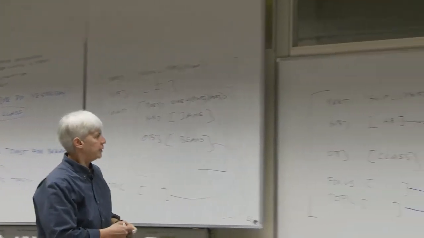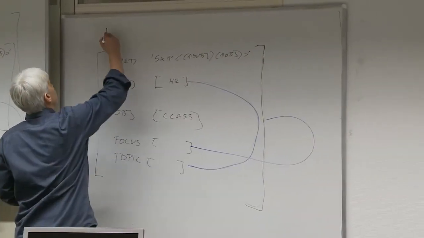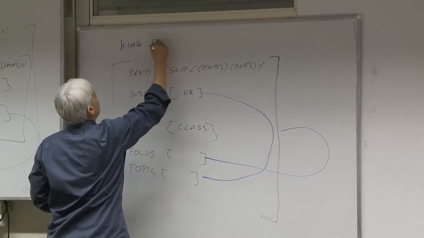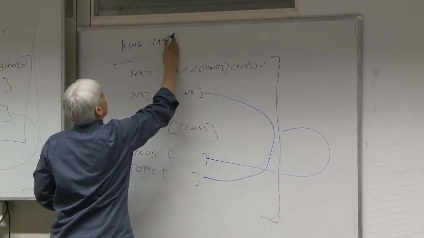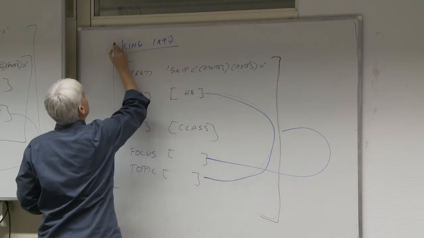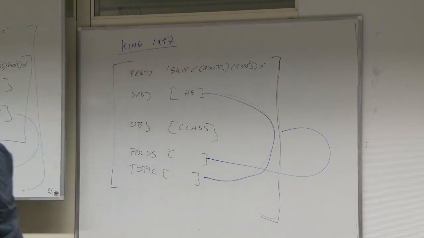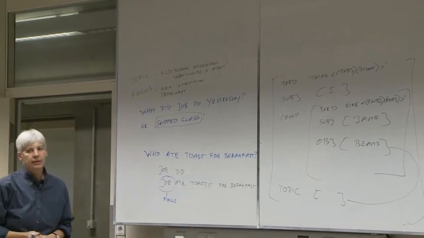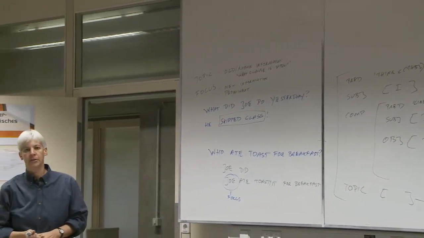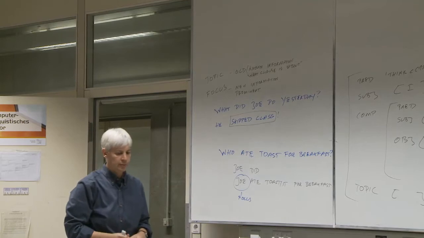Okay, and this is a point that Tracy King made in a paper in 1997, where she pointed this out. And she said, this is not the right way to go about representing information structure. You tend to run into problems like this.